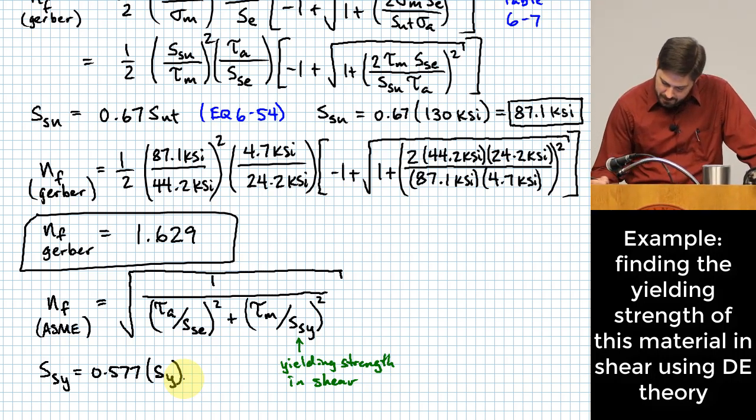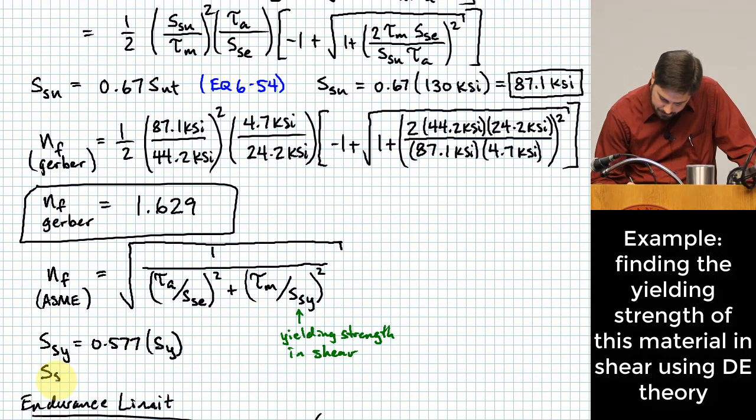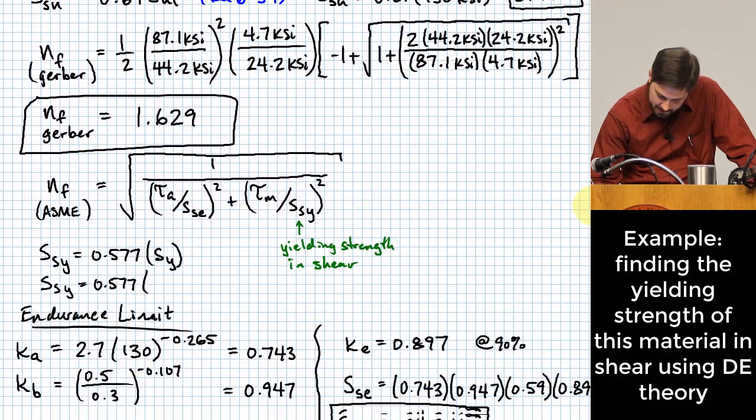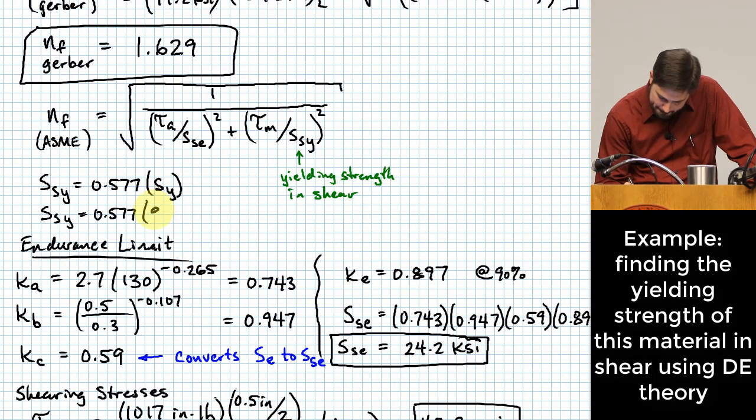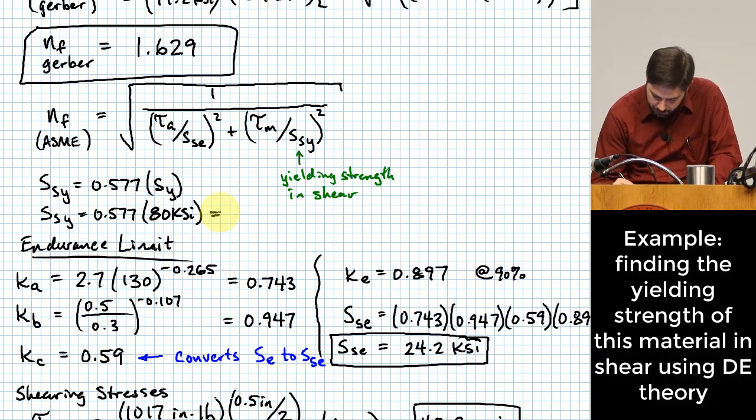For us, then, that equals 0.577 times, what was our yielding strength? 80 KSI. And this gives us 46.16 KSI.